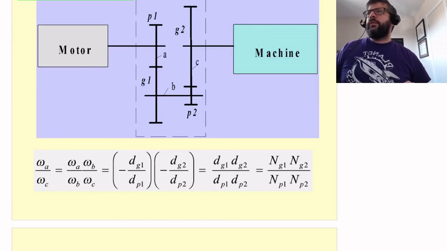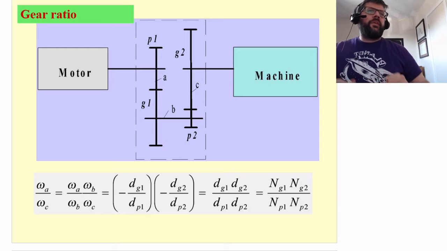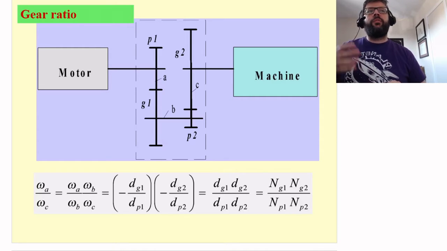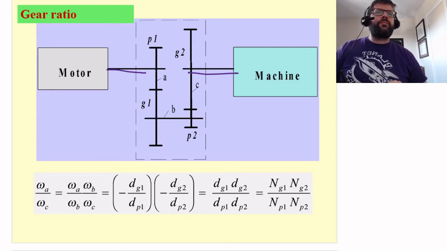So the gear ratio in general, when we're talking about the gear ratio, we're talking about the relative rotational speed between the input shaft and the output shaft. So the input shaft divided by the output shaft, so this A shaft here and this C shaft here.